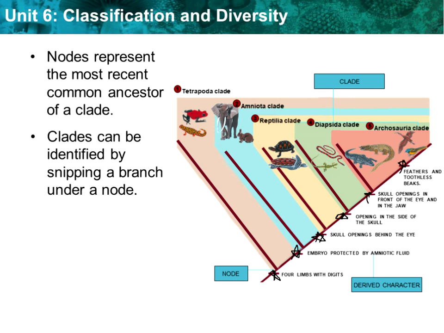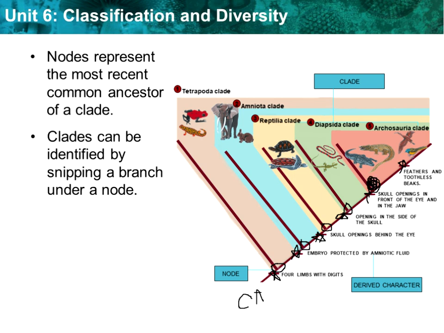And the nodes are your common ancestors for each thing. So each node, which is these areas where they connect, those are just other common ancestors that evolved over time. Your oldest common ancestor is at the bottom. Your most recent common ancestor is right here that separates the last two clades.